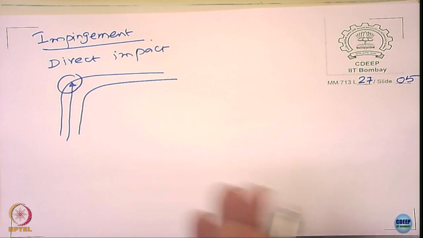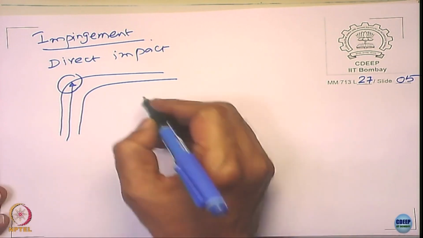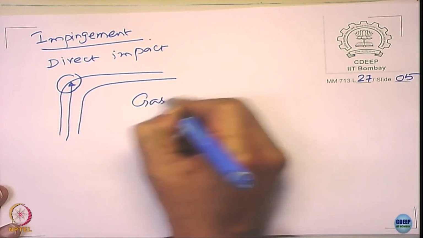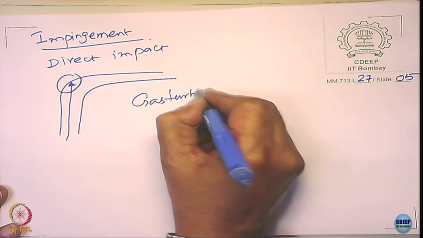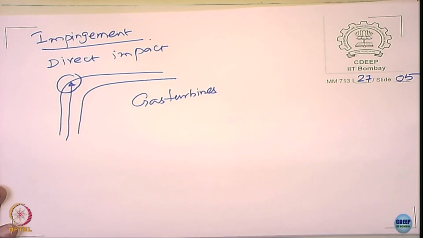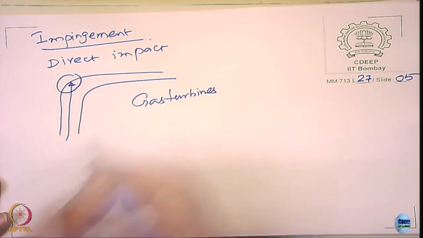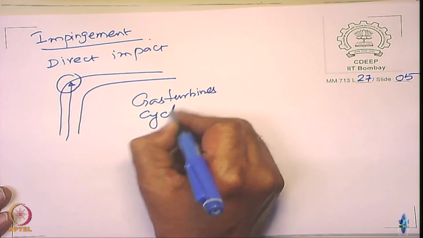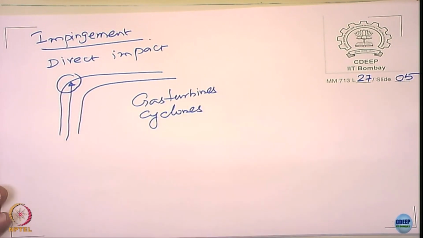And these are common, it can happen in gas turbines, okay. It can happen in cyclones. In gas turbines, where does it happen?